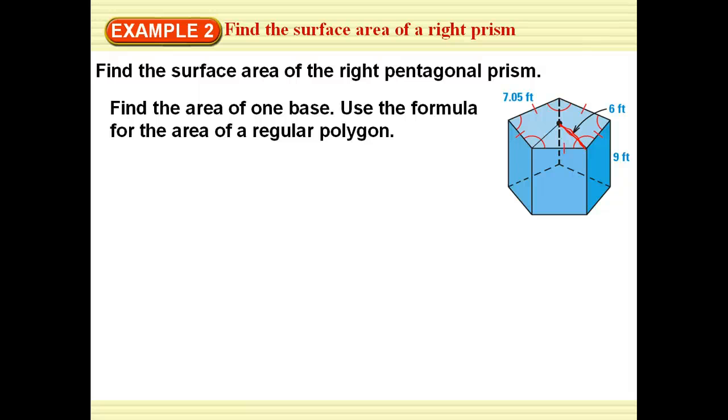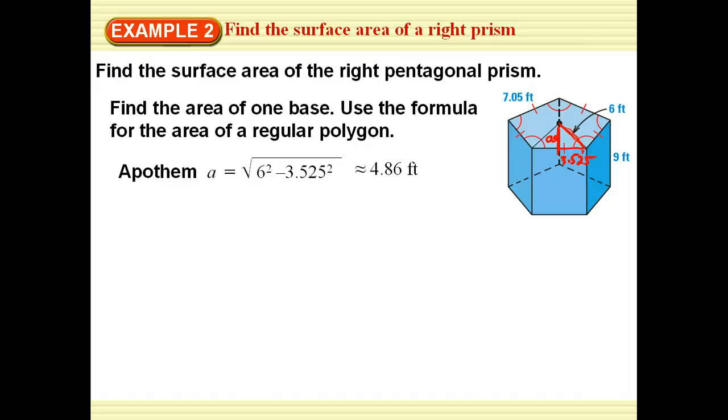Remember how we would do that in a pentagonal prism. I would first find my apothem, which would be this length right here. This is the apothem. I'll use this right triangle to do it, and since this length is half of that one, that is half of 7.05, which is 3.525, and therefore my apothem is the square root of the hypotenuse squared minus the leg squared.